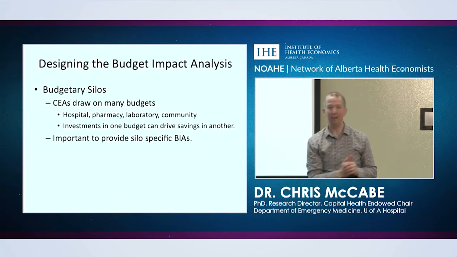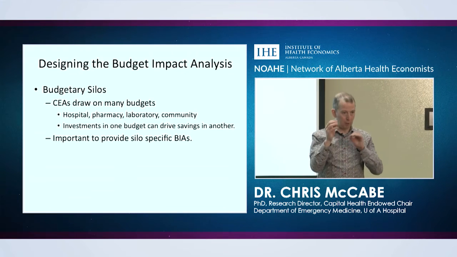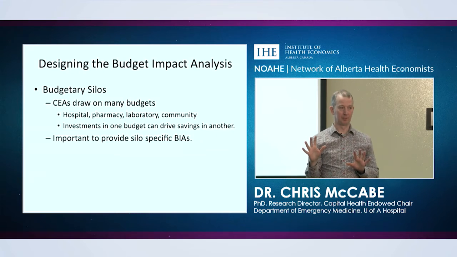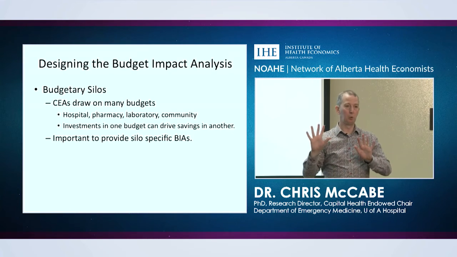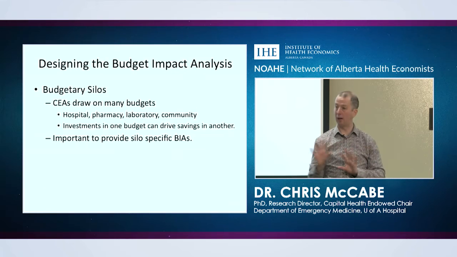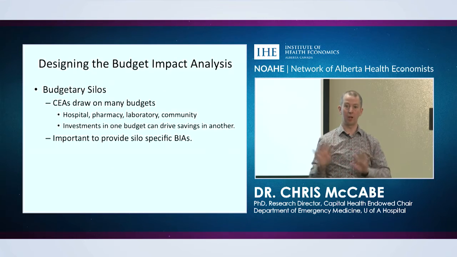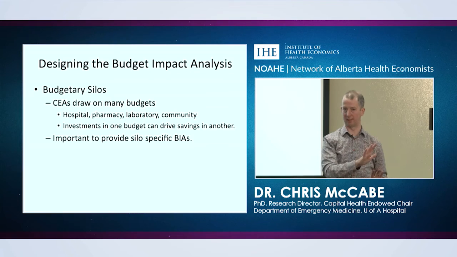So we actually have to not only identify the budget silos and where the changes occur, but budget impact analyses that do that will be the starting point for conversations between budget holders about how resources are moved around the healthcare system. Because we can only get more efficient by reallocating resources to where they're more valuable.